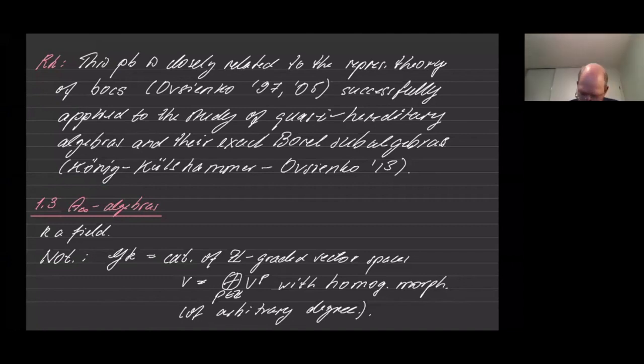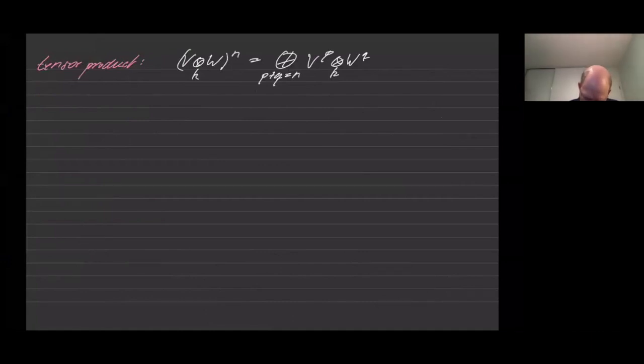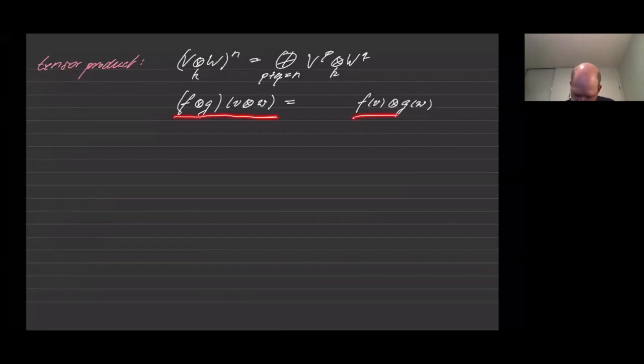It's also important to define the tensor product of two homogeneous maps. When we evaluate such a tensor product on a tensor v tensor w, we should get f of v tensor g of w. But in passing from the left to the right, we have interchanged the positions of g and v.